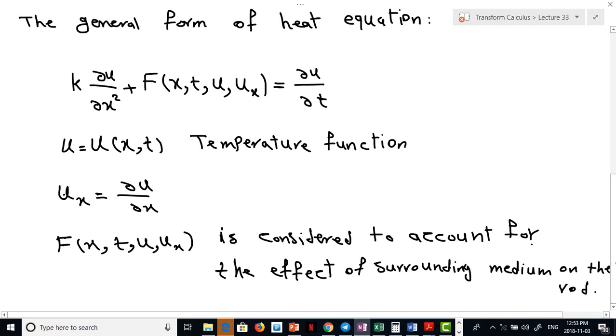If we assume that the effect of the surrounding medium is negligible, then we can write the heat equation in this form.